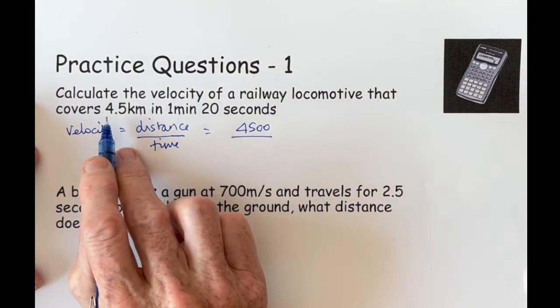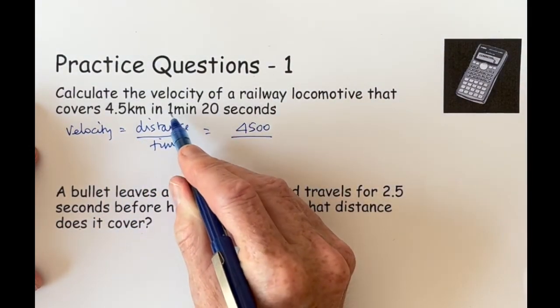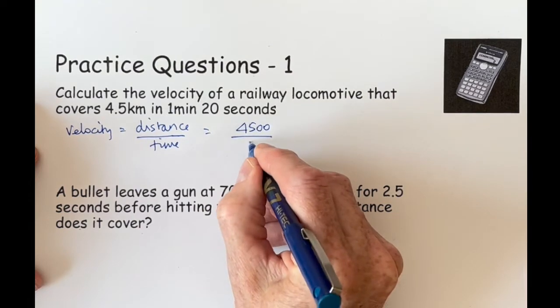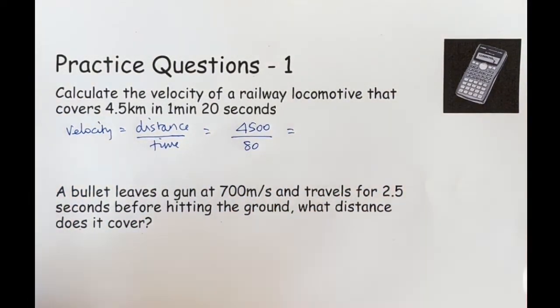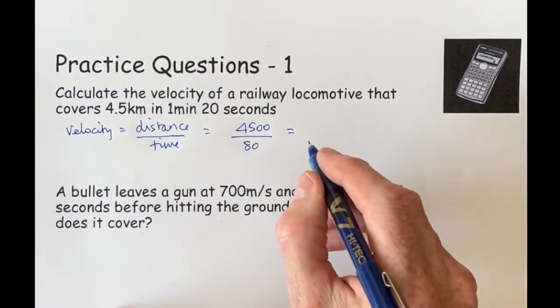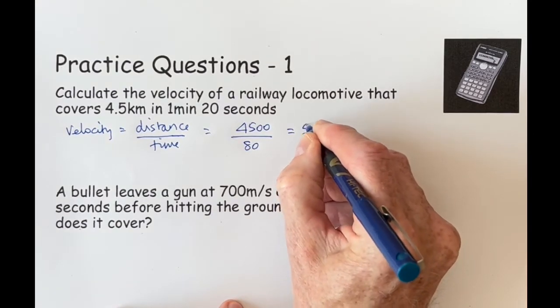Just multiply the 4.5 times 1,000, and the time is 1 minute 20 seconds, so that's 80 seconds. So the answer to that is 56.25 metres per second.